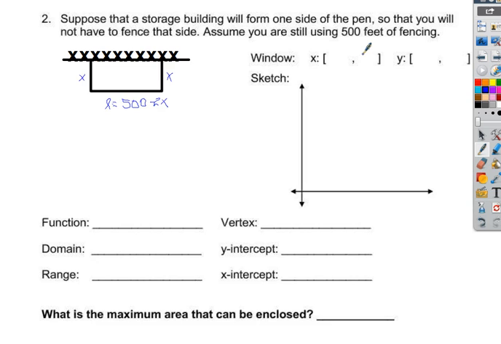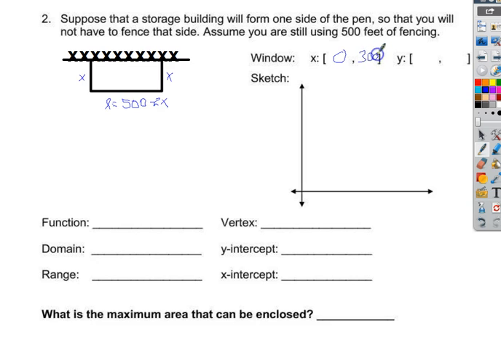So we're going to set up our calculator window. Our x isn't going to change. It's now between 0 and, well, it might have changed. I can't remember what we put last time. I'm going to put 300.